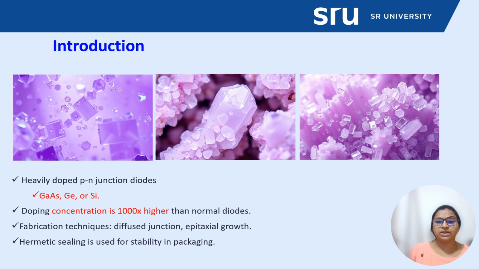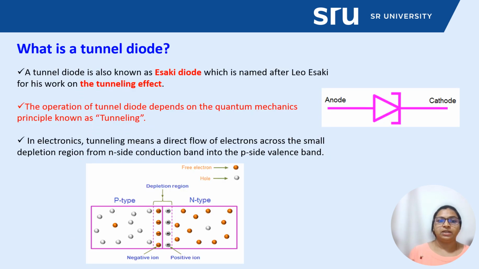Generally these diodes are manufactured by the diffused junction method or epitaxial growth, and hermetic sealing is used for stability in packaging. So in brief, a tunnel diode is a very heavily doped PN junction diode in which the electric current decreases as the voltage increases.